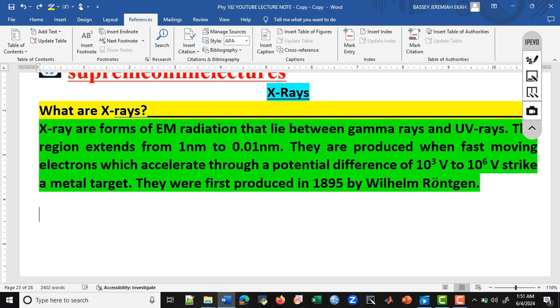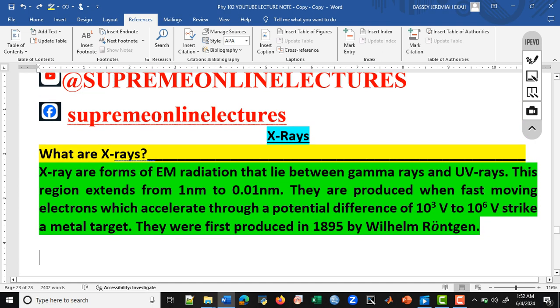So X-ray is in between the gamma ray and the UV ray.